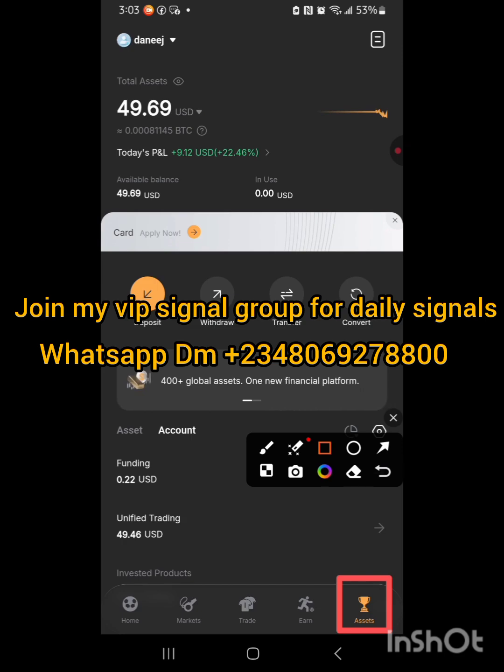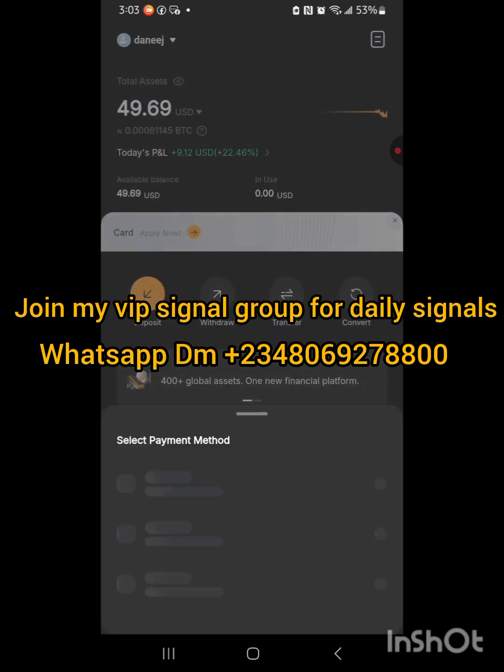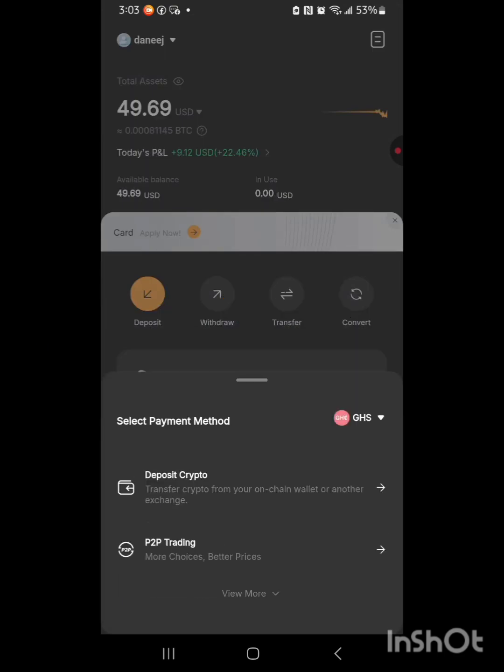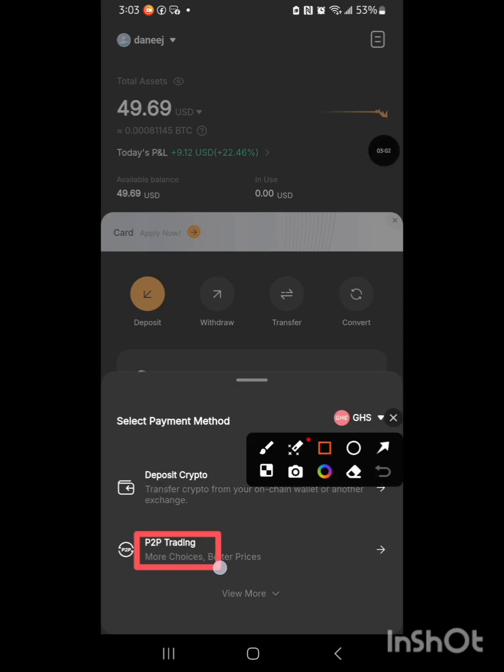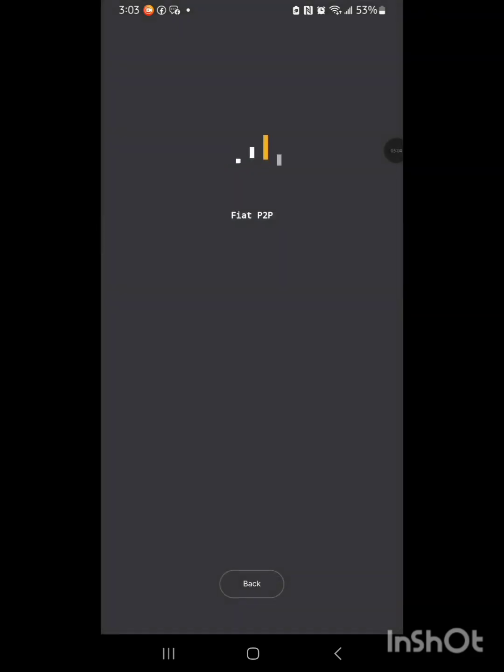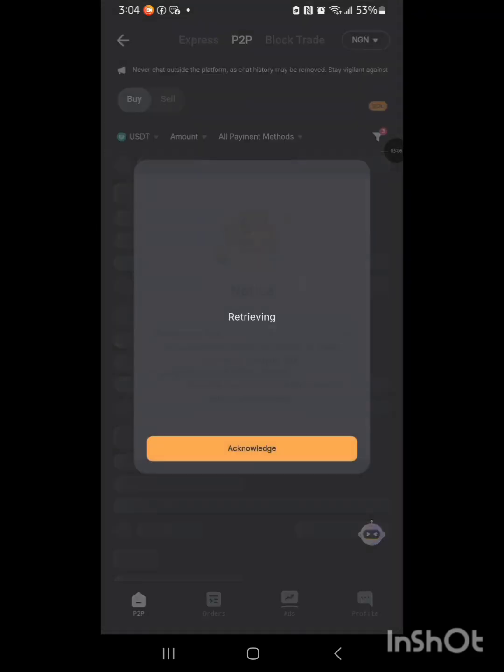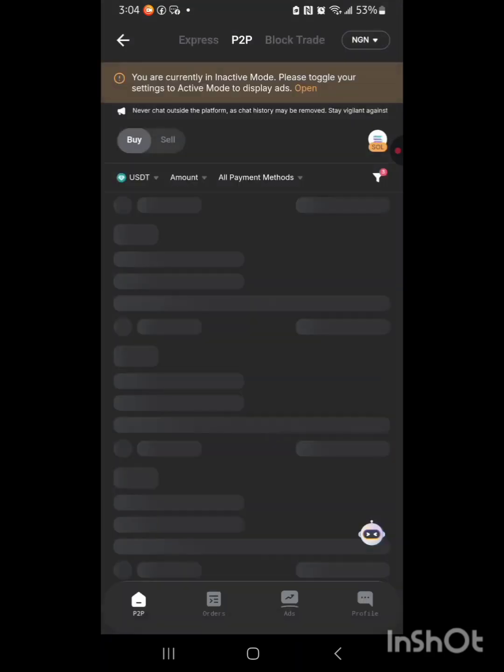So first of all, click on assets and then click on deposits. Once you click on deposits, you're going to see where it says P2P. Then click on P2P trading. Like I've told you, the P2P market is available in pretty much any country you could think of.